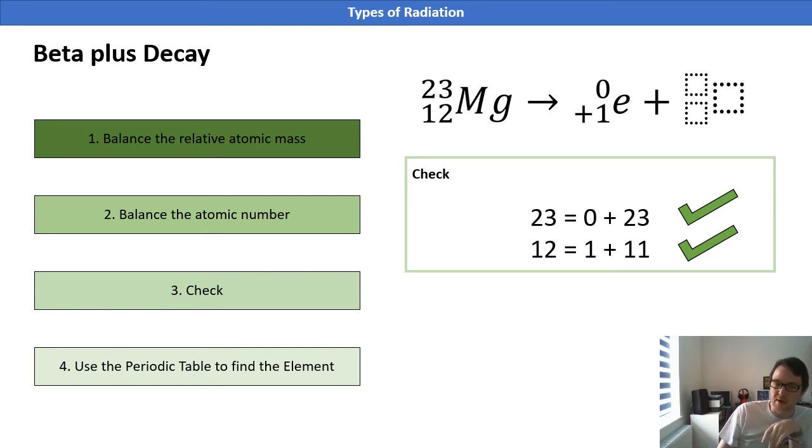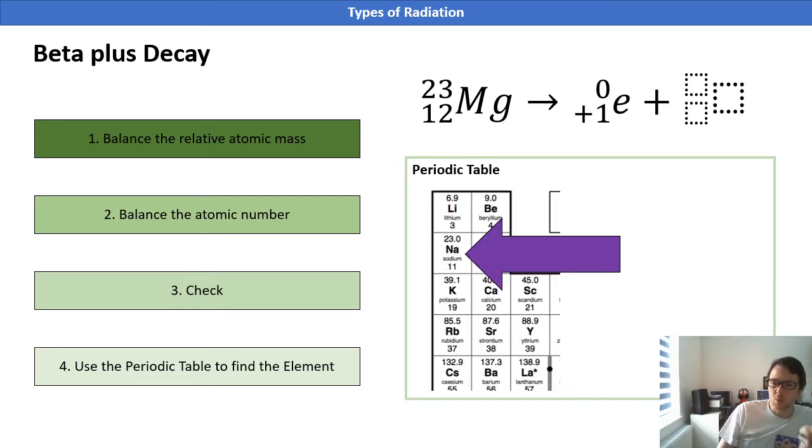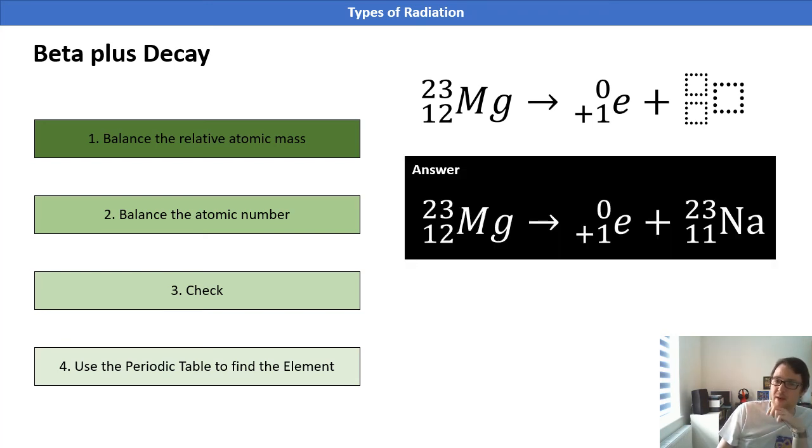And now let's use the periodic table. We'll go to the periodic table, we'll look for the atomic number of 11, and we'll find it's sodium. So now writing down our final equation, we have that magnesium-23 decaying through a beta plus decay, so losing a positron, will leave us with sodium-23.